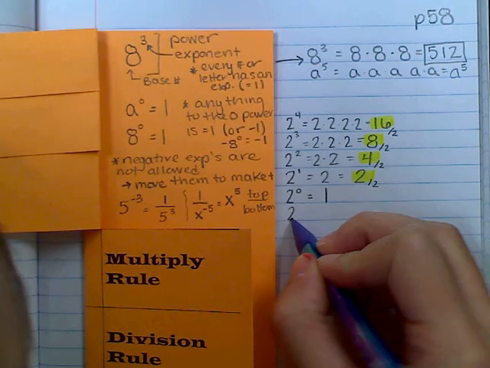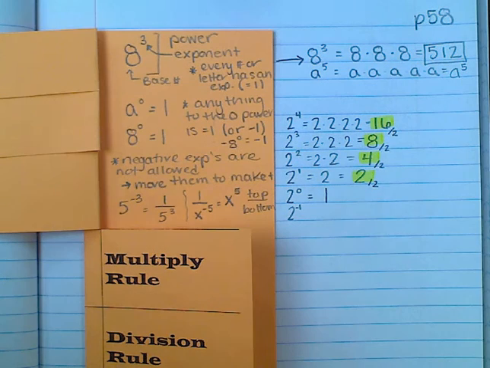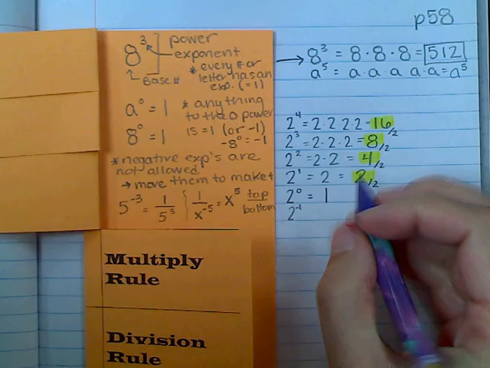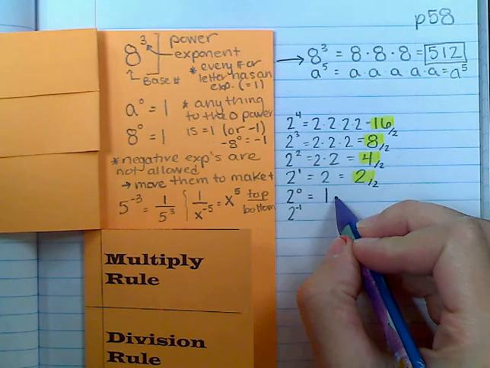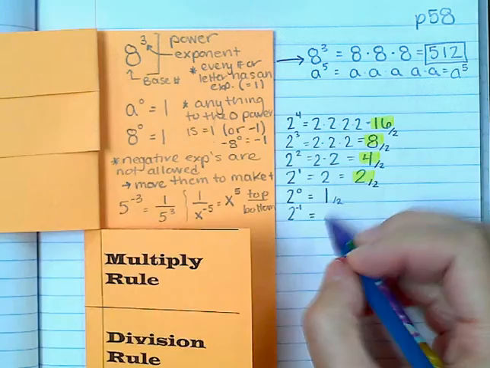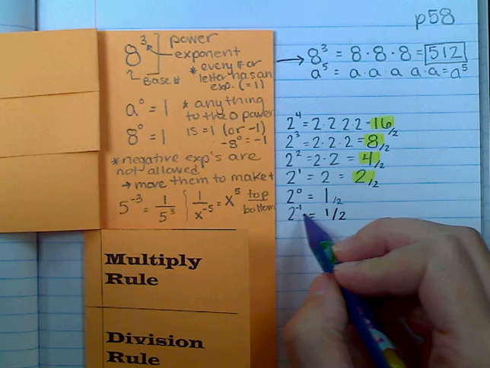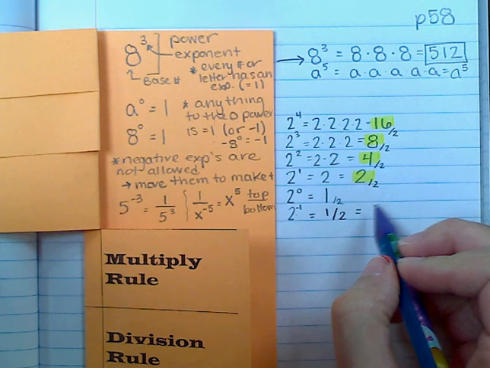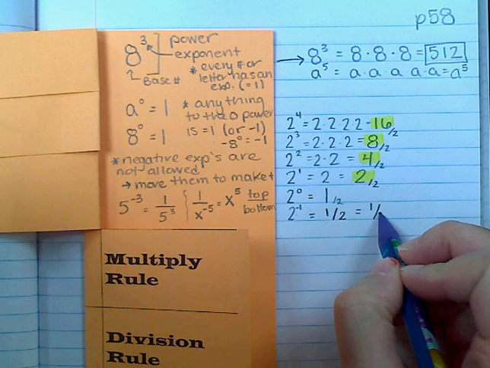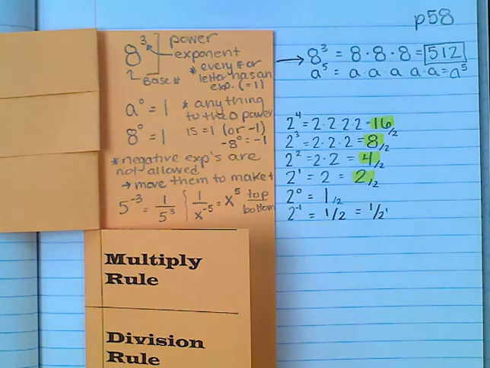So now when I go down again to -1, now I'm in the negatives. Negatives aren't allowed, and so we move them to make them positive. Or if I follow this pattern, I have to divide this by 2. And so if I divide 1 by 2, that's really just half. And if I think about moving this, I would have to move the 2 to the 1st to the denominator, and 2 to the first is just 1 over 2.